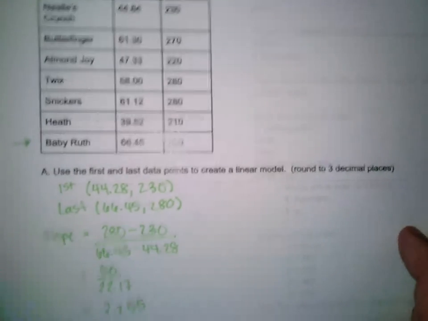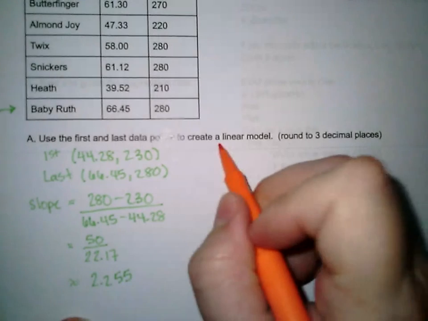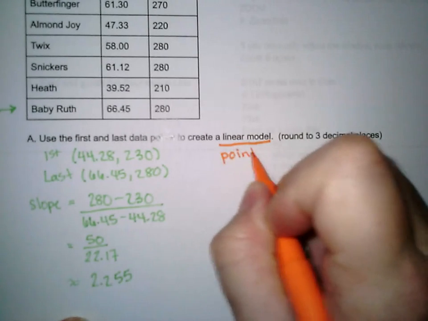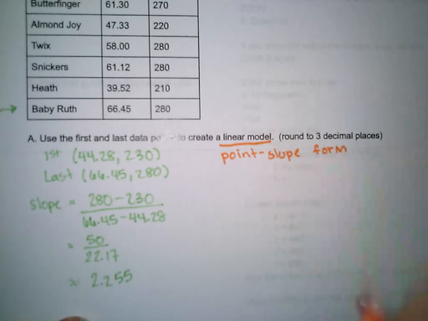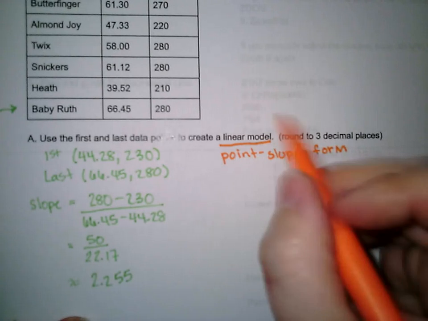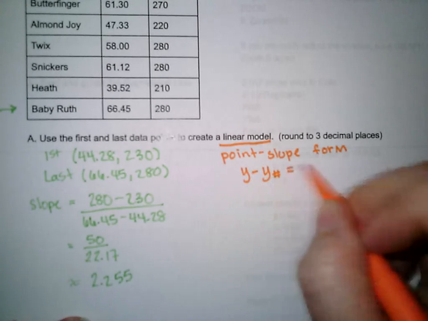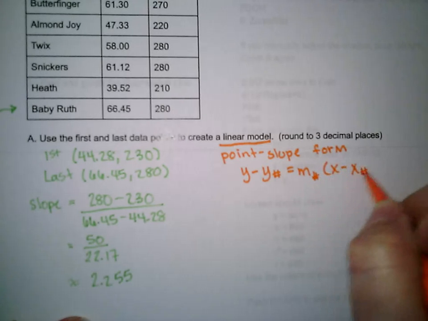And then we are going to make that into the equation for a line by using point slope form. So for our linear model, we're going to use point slope form. That will be y minus a y number equals the slope, which is a number, times x minus an x number.